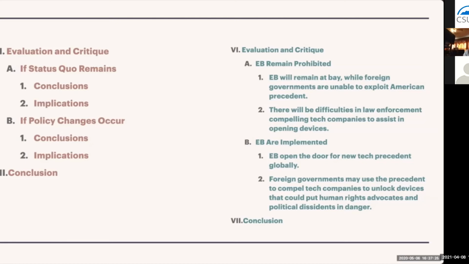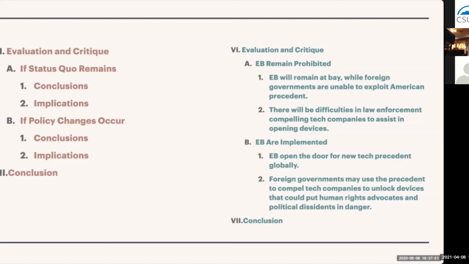We haven't done it yet. Whereas if we look at encryption backdoors remaining prohibited, we know what happens because we've seen it. It's measurable, it's observable. That's why the implication is there will be difficulties in law enforcement compelling tech companies, because we've been able to actually see it. So there's a higher confidence, what we would call a confidence interval, on that.